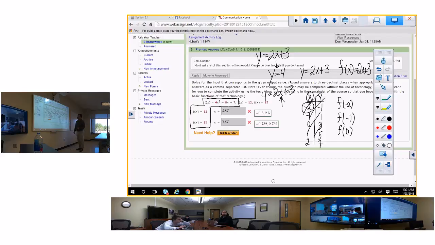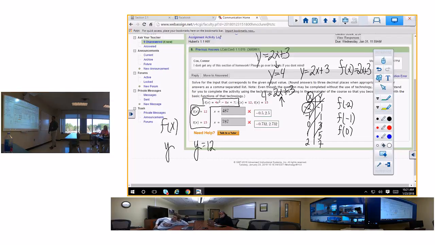X. Well, what is f of x a fancy way of writing? Y. So what are you going to do with that 12? Plug it in. I'm going to plug it in for f of x. And instead of this being, we're going to put 12 is equal to, so we'll take it to the next step.